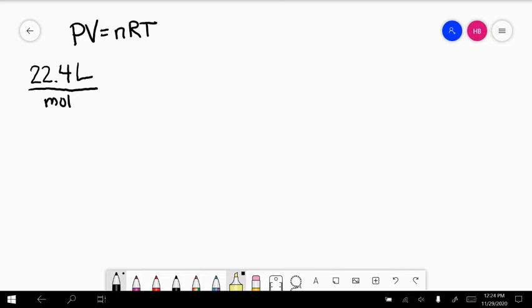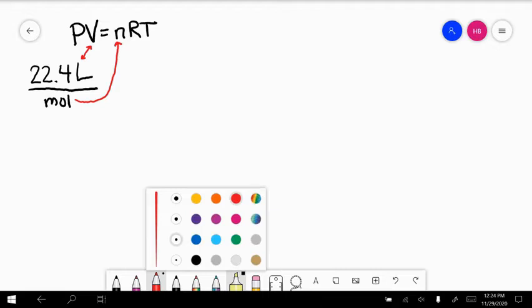Now let's look at the ideal gas law. We know that liters is related to volume and moles is related to n. So let's rearrange so we have liters on the top and moles on the bottom.